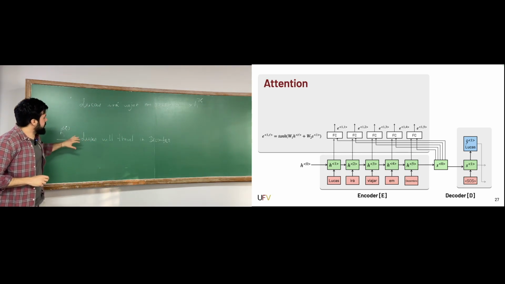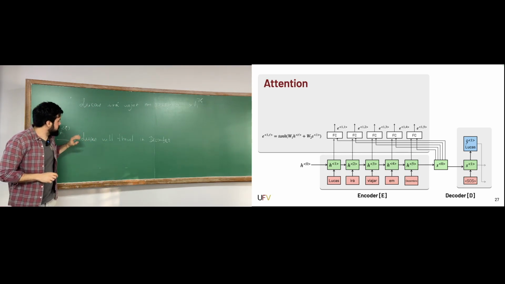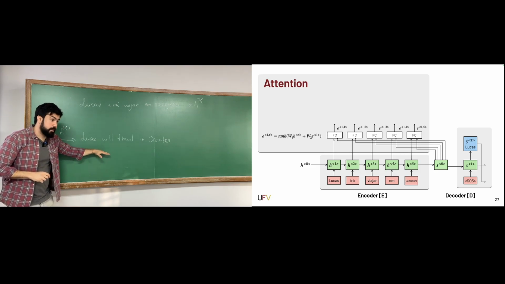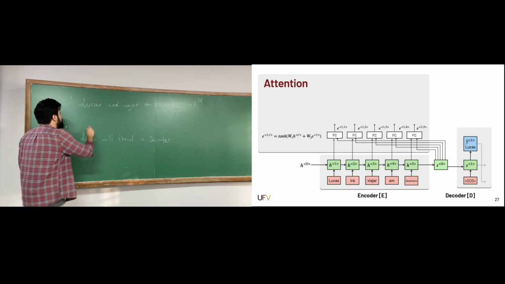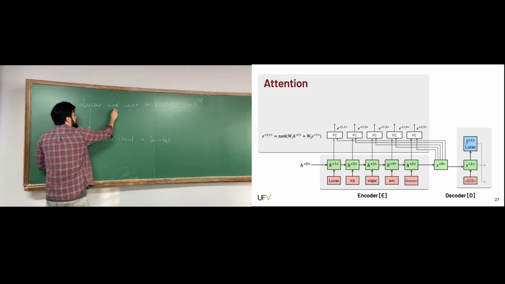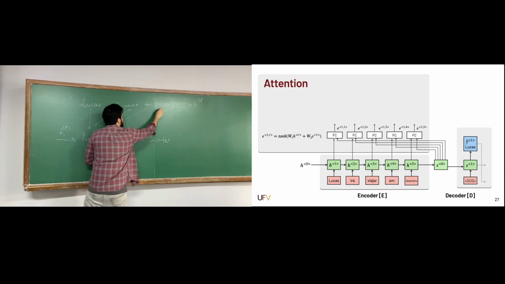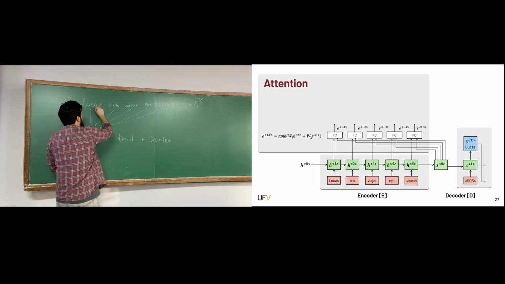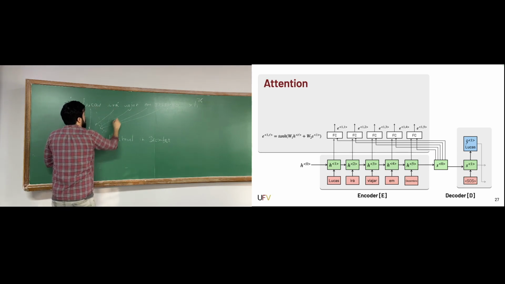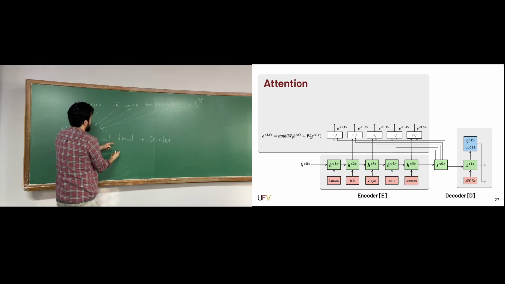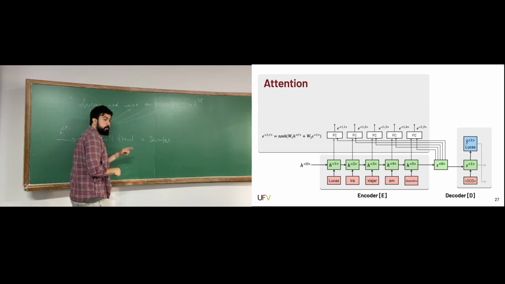With attention, I'm going to still produce my outputs step by step. But what I want to do is connect each word from the input to every decoding step in my decoder.